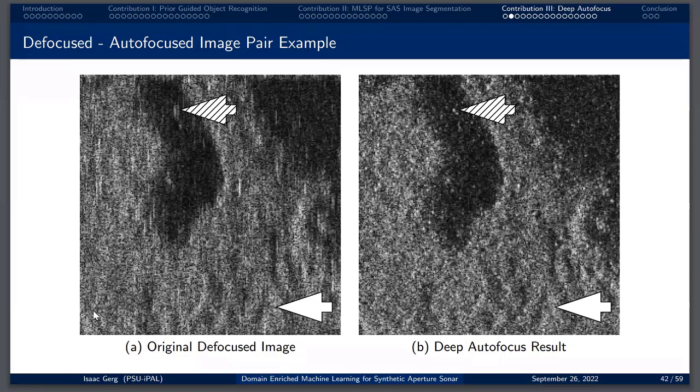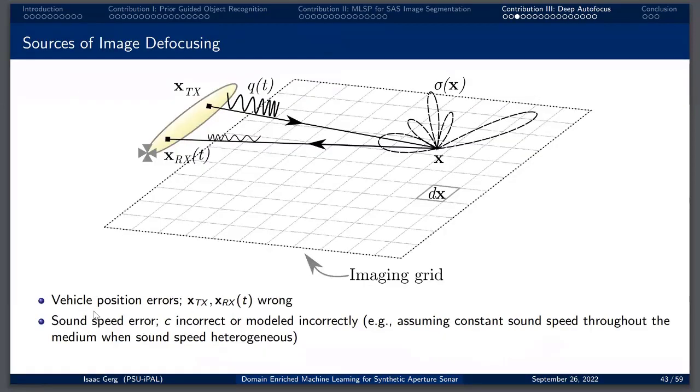So the question you may think is, why does this become defocused? Recall from the original diagram way back at the beginning of the talk that for me to form a good image, I have to know the time of flight well from the transmitter to where I want an image on the ocean floor and then back to the receiver. If at any point I don't know the time of flight well, which may come up if I don't know the speed of sound in the water column, or I have heterogeneous speed of sound in the water column.